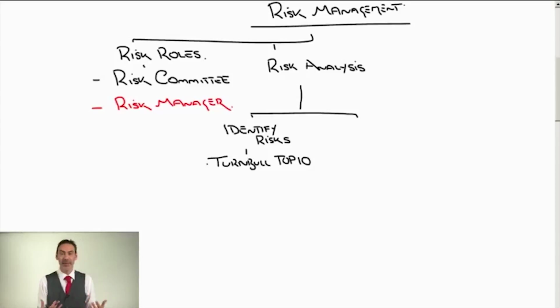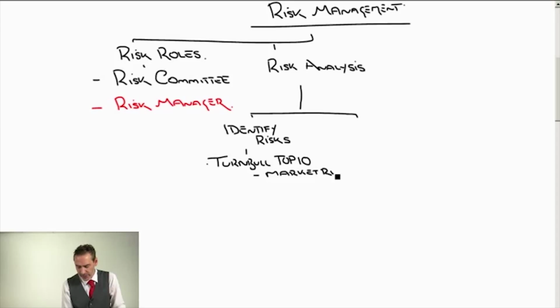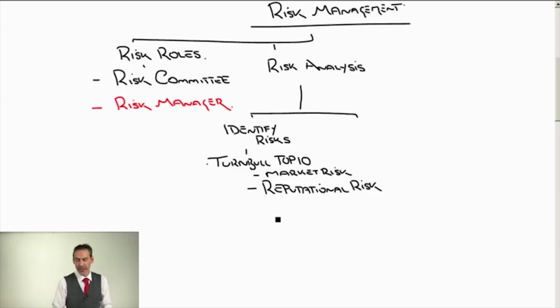But in examination questions, the examiner very often picks out one of the risks or some of the risks in terms of that list. Of course, the big two, the biggest one probably is market risk, and the other one is reputational risk, because these are the ones that you can talk most about. That's why they're examined most often by the examiner.